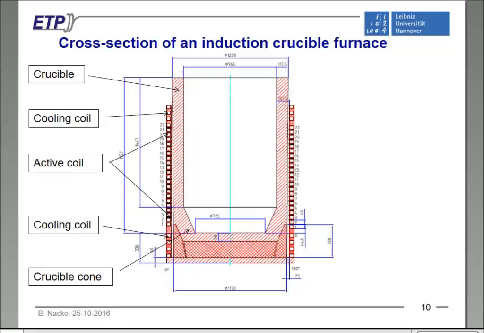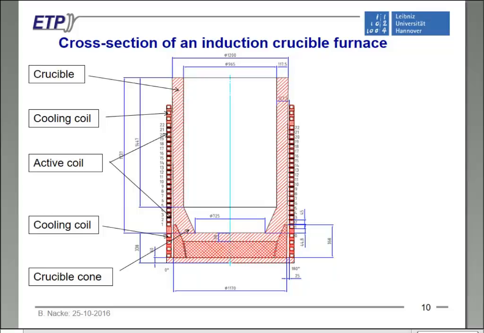So there's a limitation of the length of this coil, because if the length will be too long, the stray field will penetrate the steel construction, maybe on top or the bottom area, and this leads to enormous losses and also maybe too much heating. Therefore, the length has to be limited.